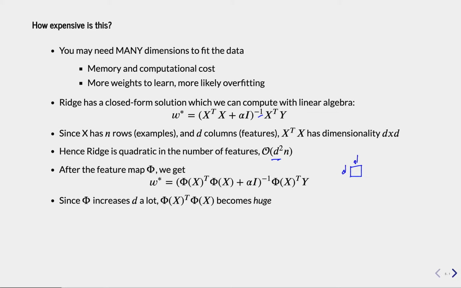But now, if we are going to use a feature map, it means we're going to feature map our inputs X. And if this transformation gives you an order of magnitude more features, it's going to explode this number even more, right? It will not be quadratic, it will be a very high polynomial.